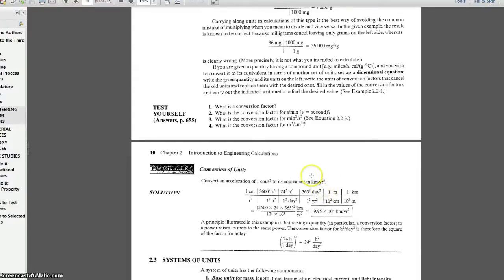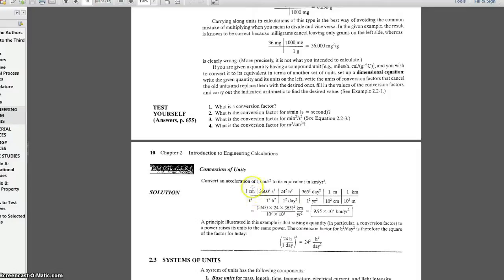So this is acceleration, length over time square. So we want to convert 1 centimeter per second square to kilometer per year square.